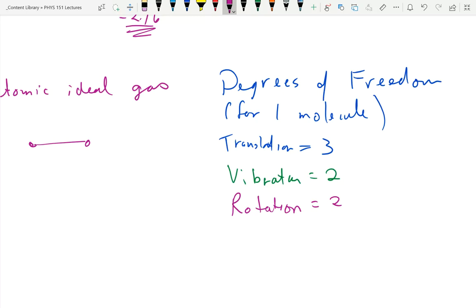The energy is equally separated between all of the degrees of freedom. With one additional piece of information, the equipartition theorem says it's equally separated with 1/2 kT in each, that's each, degree of freedom.